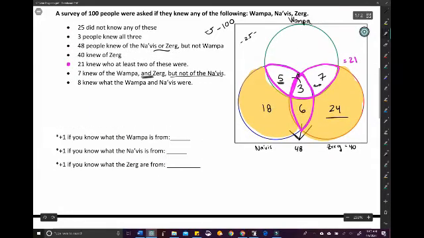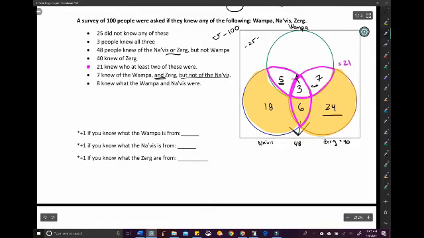So really, the last thing we need to solve is what's in here. Well, we have every piece except for that. So again, think backwards. If we have every piece but this, just take your 100 and subtract all the little pieces from that.